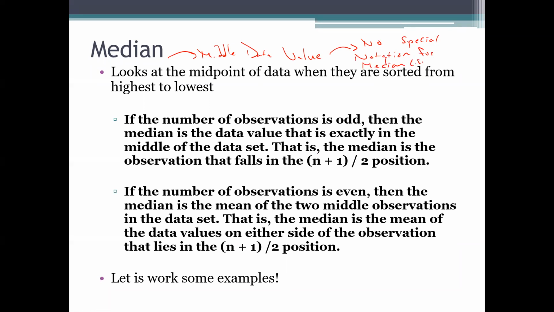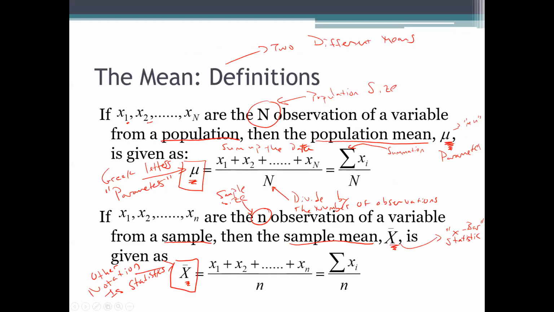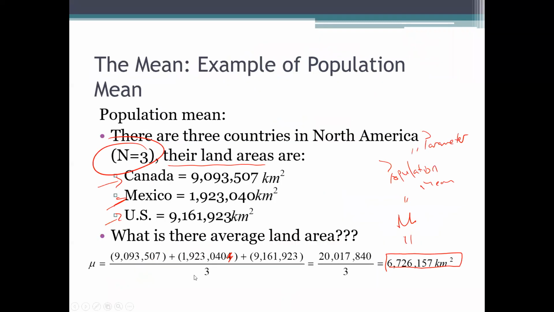I'm just going to say for now, we're going to talk next class about a designation for the median. But for right now, we're not going to distinguish between a sample and a population. We're just going to say, here's your data set, and this is the median value of the data set. So none of this mu and X bar stuff for the median.